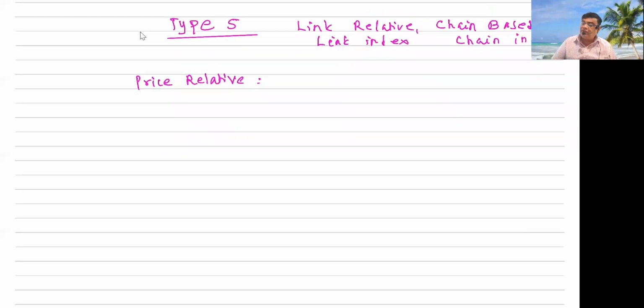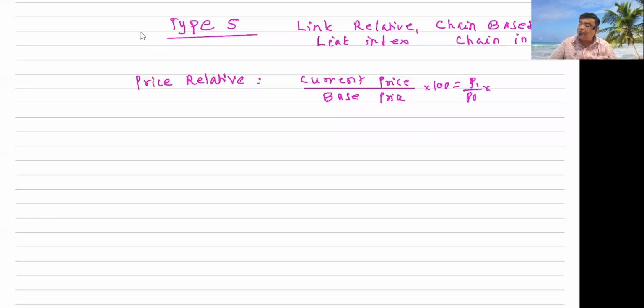Tell me price relative is what? This is current price over base price into 100. You can write this as P1 over P0 into 100, or you can write this as Pn over P0 into 100.